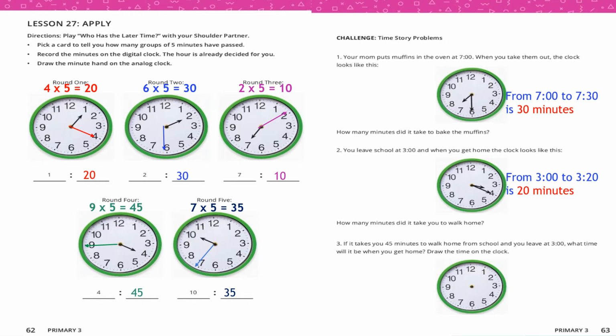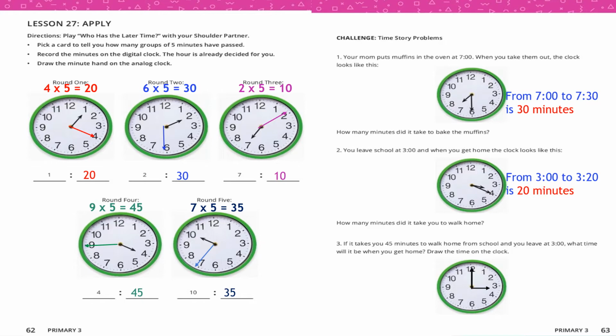Number 3, if it takes you 45 minutes to walk home from school and you leave at 3 o'clock, what time will it be when you get home? You left your school at 3 o'clock and it takes you 45 minutes. So we will add 45 minutes to 3 o'clock. 3 o'clock like this.